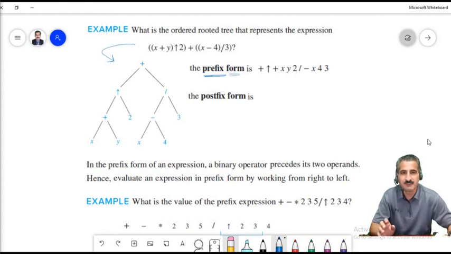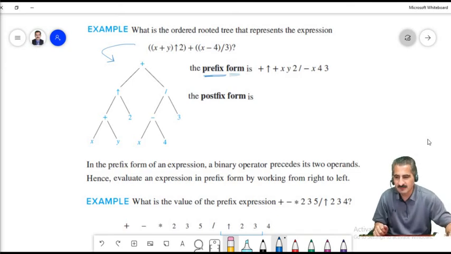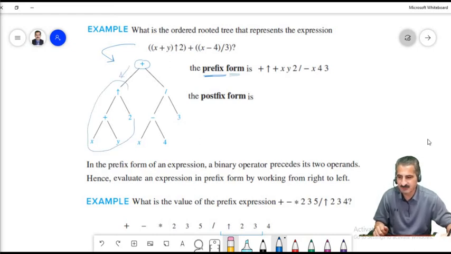Remember that the pre-order traversal says take the root and then go to the left subtree and then visit the subtrees from left to right. Again, take the root and then visit subtrees from left to right.